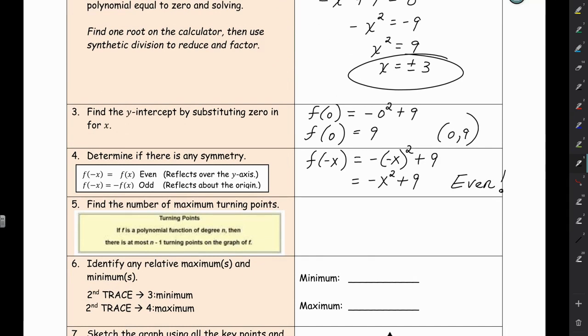Right? n is equal to 2 in this case. n minus 1 is going to be 2 minus 1. So that means we're going to have at most 1 turning point.